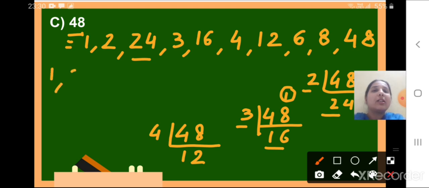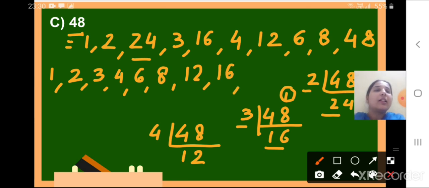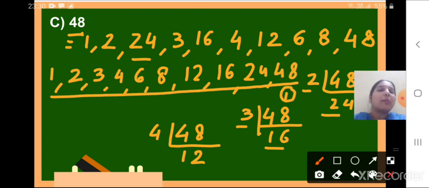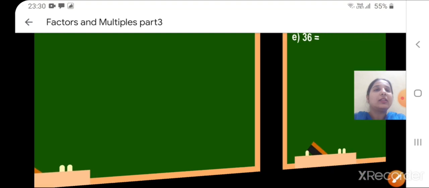So 1, 2, 3, 4, 6, 8, 12, 16 and then 24 and 48. So these are the factors of number 48. Got it, children? Now let's move further.